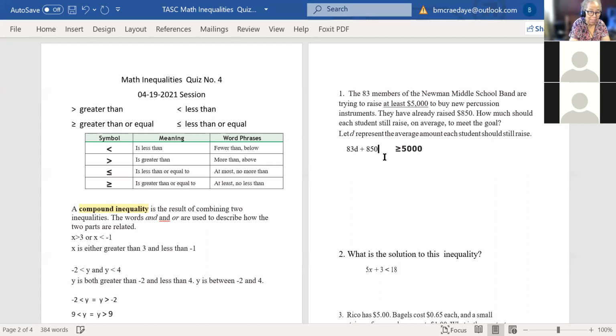Now solve this for D. D would be your average amount each student should raise. Solve that inequality for D and tell me what you get for D.